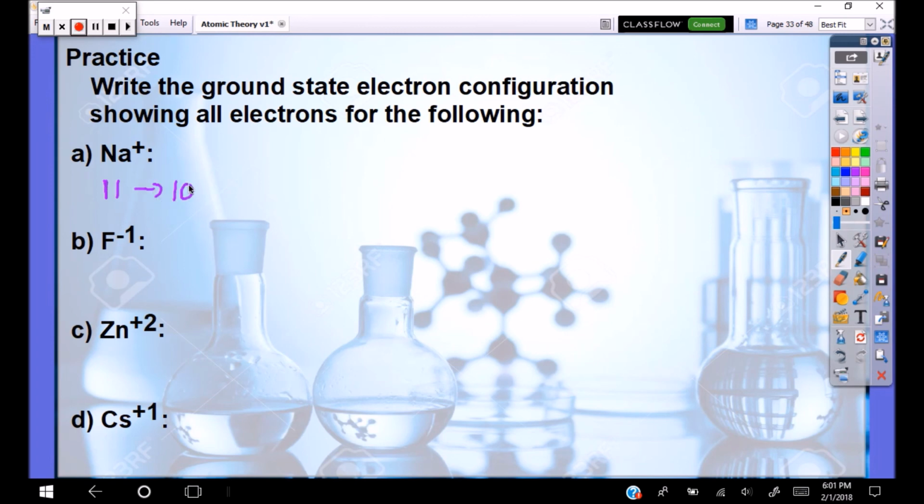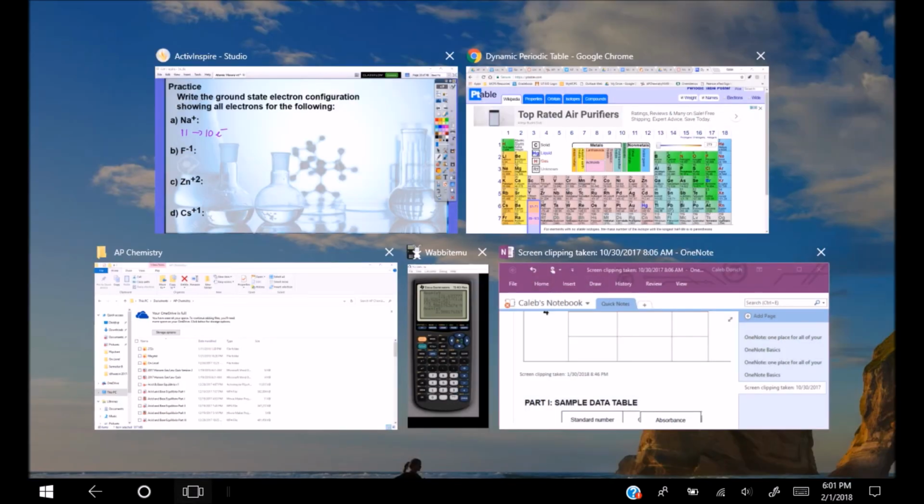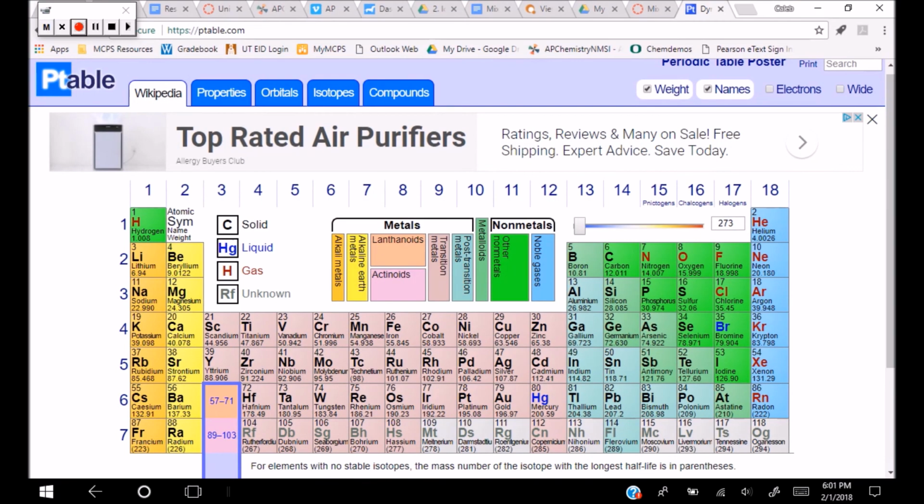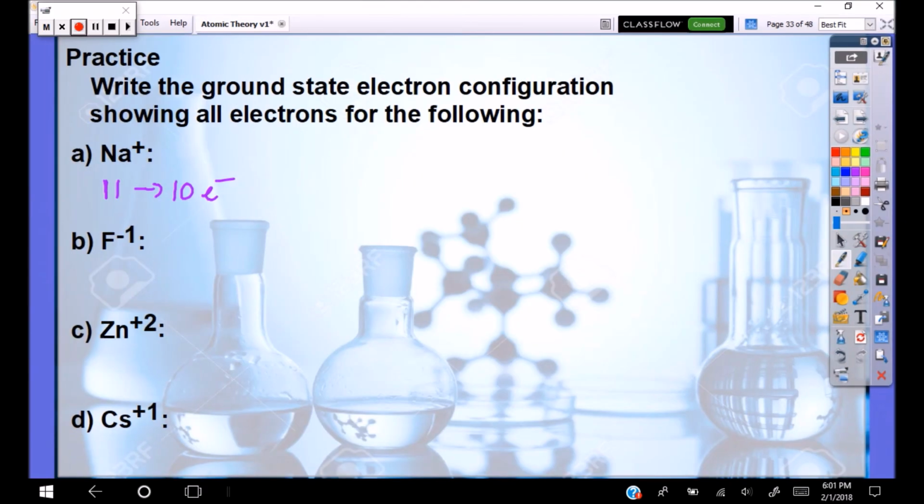It now has 10 electrons. This is the same as the noble gas configuration for the previous element. That's why we use the noble gas shorthand. So if you look at sodium, sodium's previous noble gas is neon, which has 10. So you've got just neon. If you want to write that out, 1s2, 2s2, 2p6, boom.